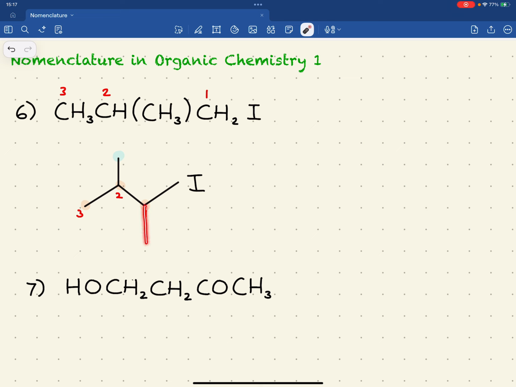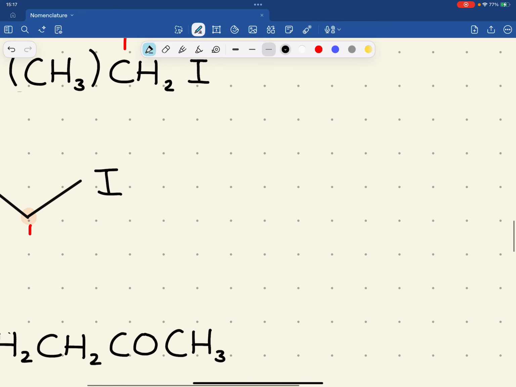If it was here, again, this would then in fact be 2-iodobutane. So we couldn't have a methyl group coming off carbon 2 or 3. It can only be coming off carbon 2. And with that as being the case, we would simply call this 1-iodomethyl propane.